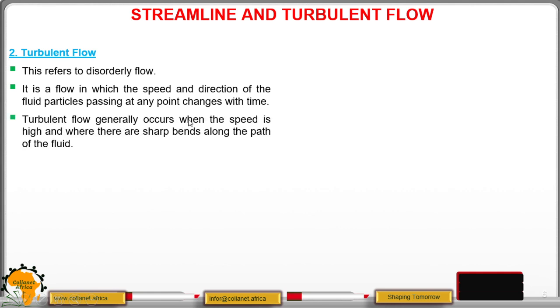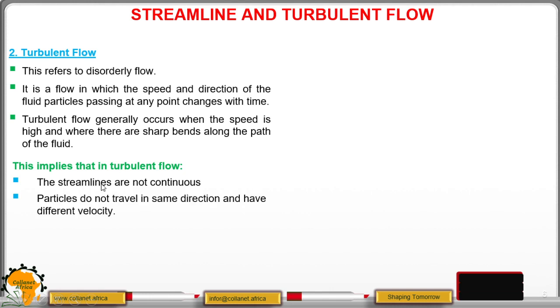Turbulent flow generally occurs when the speed is high and where there are sharp bends along the tube of the moving fluid. This also means that the streamlines are not continuous. They are not only straight lines, but they are not steady. There are some points whereby the streamlines are almost touching one another.